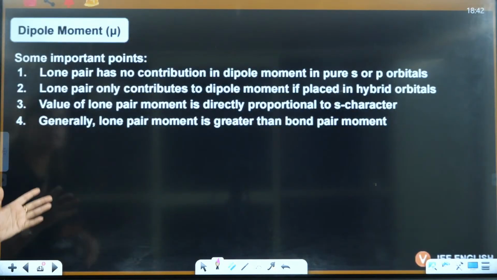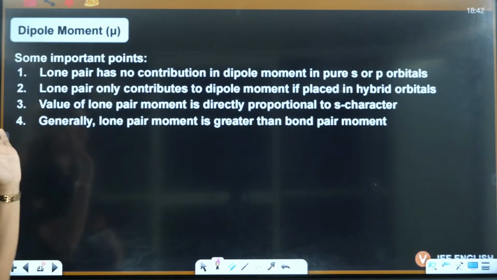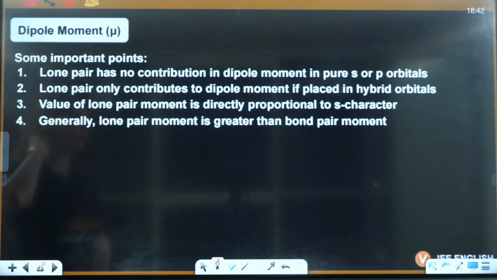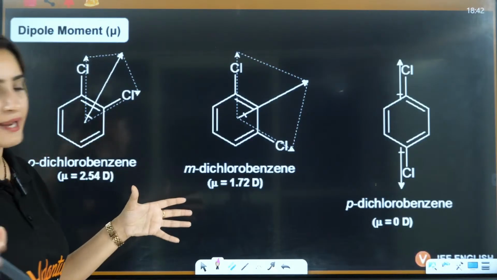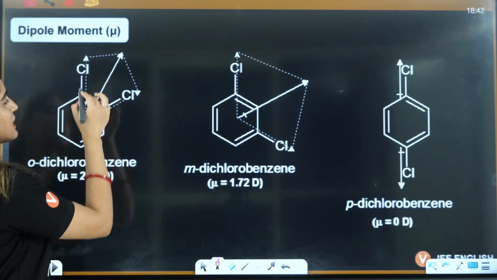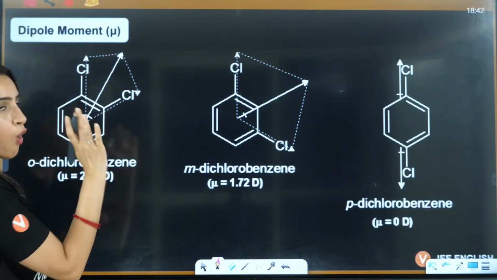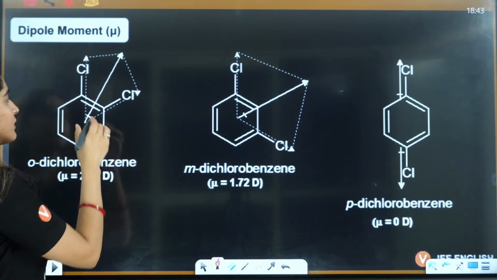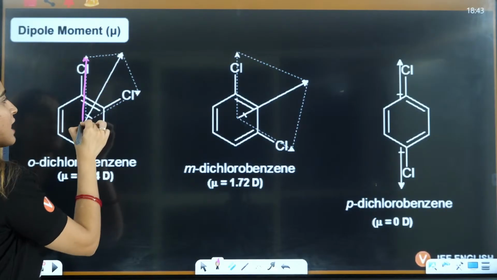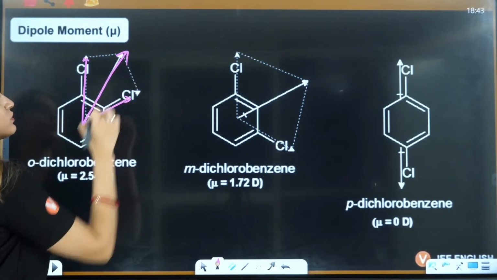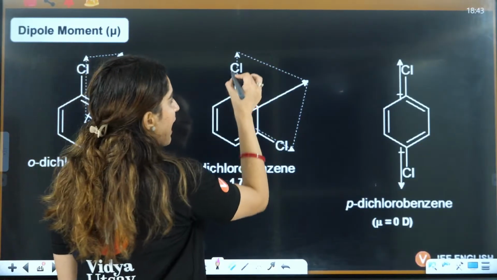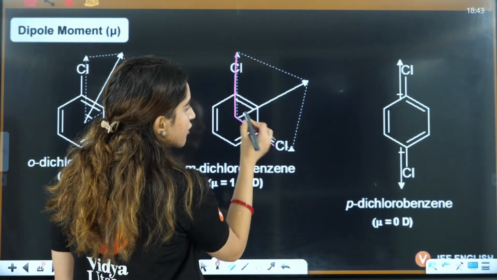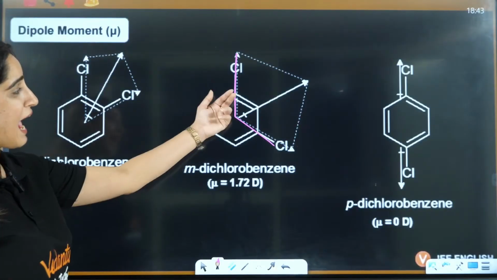Now the next thing is, these are all the important theory points, you can read them yourself also, right? Now in organic chemistry, if you have orthochlorobenzene, this and this will add to give you this resultant, so mu is not equal to 0. In meta, this and this will add to give you a resultant because the angle is greater.